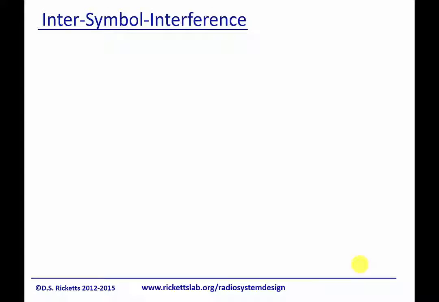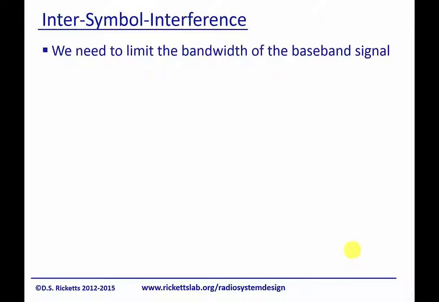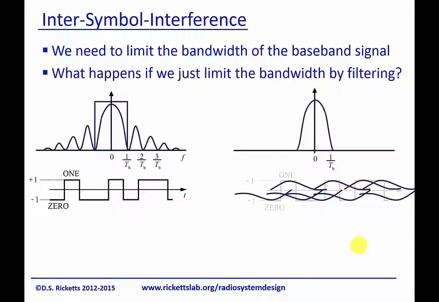This is where the idea of intersymbol interference comes in. So we need to limit the bandwidth of the baseband signal. And what happens if we just do the filtering I mentioned? We just go in and we get rid of this. Well, what we do is we end up just smoothing out each pulse.